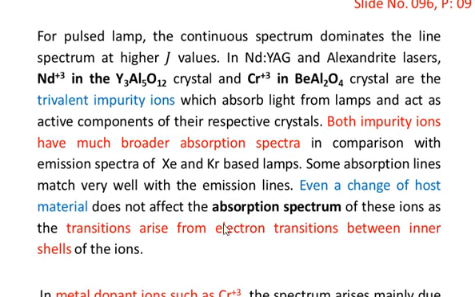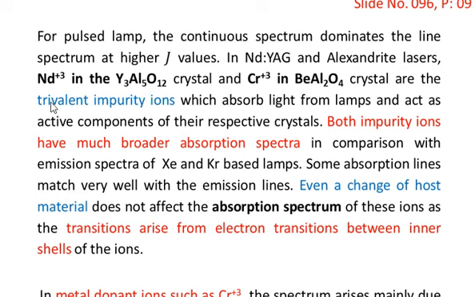So you see that these transitions are relevant with the inner shells of the ions, that is the Nd plus 3 ions and the chromium plus 3 ions. So this technique will work irrespective of the host crystals.